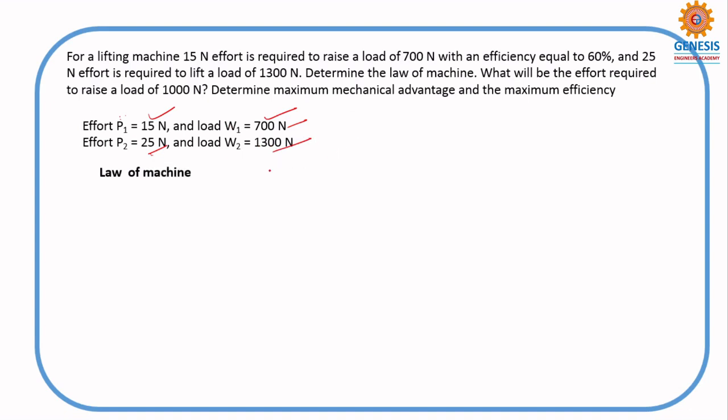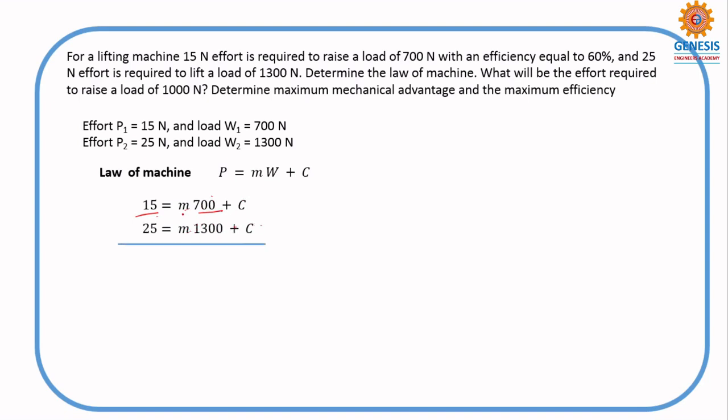For that, the law of the machine is P is equal to mW plus C. You have to substitute the first case and the second case, and from that you have to find out m and C. So this is P1 equal to 15 and W1, and the same form for the second case.